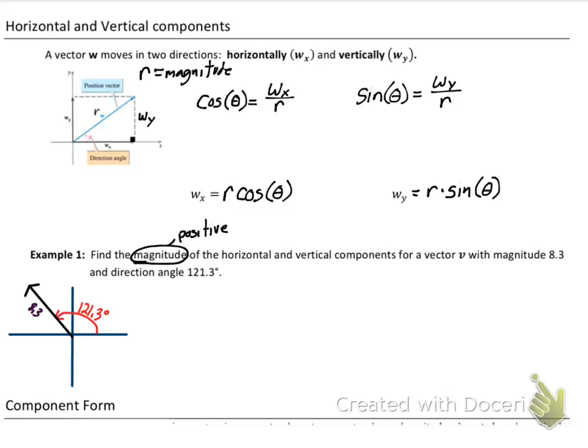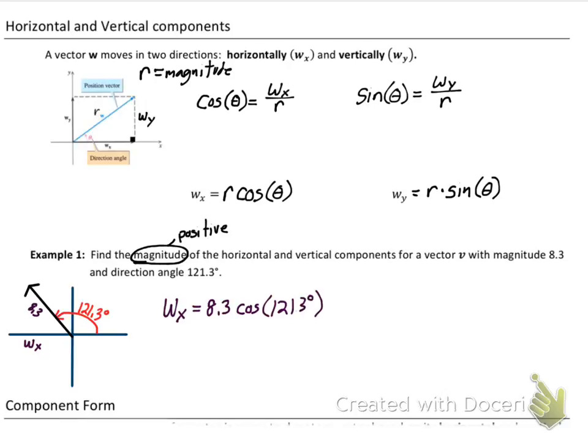And distance is positive, that's why magnitude is positive, all we have to do is plug in the information. Well, if I'm looking for my horizontal, well, that's my w sub x. And so using that formula above, w sub x, or my horizontal component, is just going to equal my magnitude, which is 8.3, times the cosine of whatever angle I'm given, and that's 121.3 degrees.